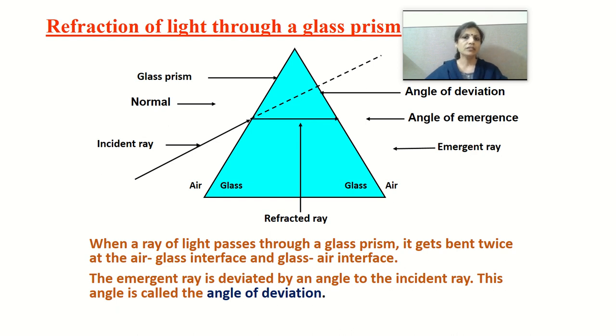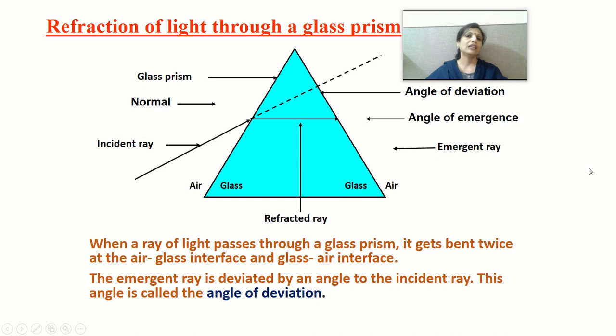In this figure, you will understand, children, that the refraction takes place twice. First, the refraction takes place at the air-glass interface at this particular place, and now when the ray of light comes out from glass to air, the refraction occurs at the glass-air interface. So the light will again change its direction.